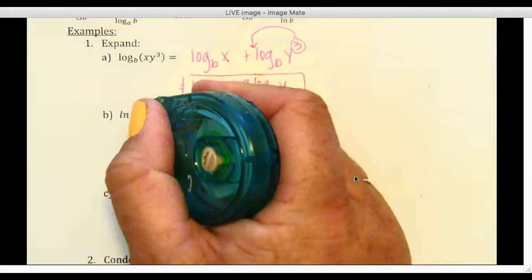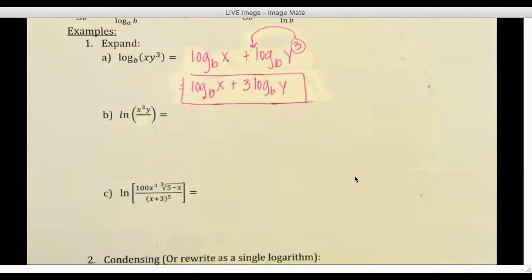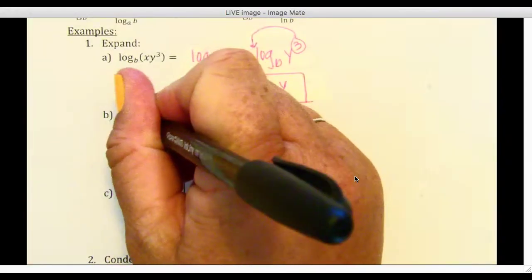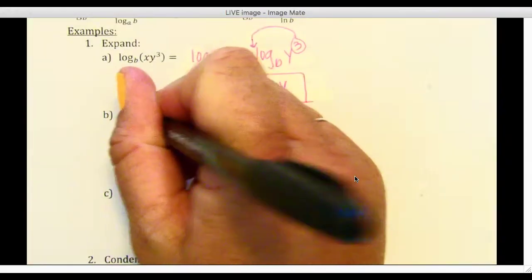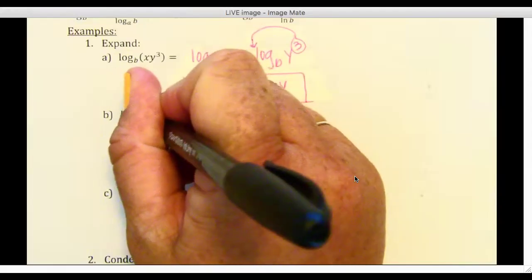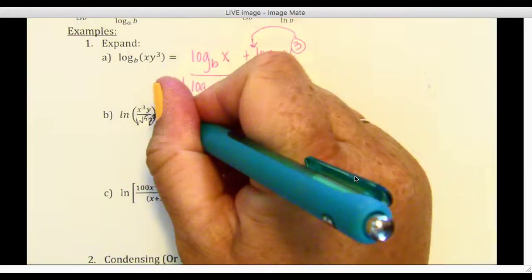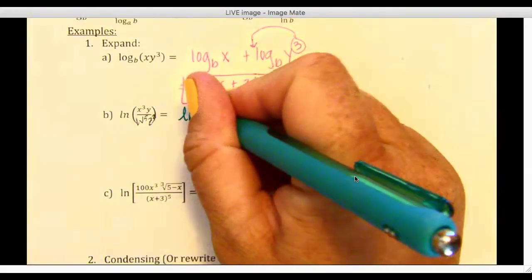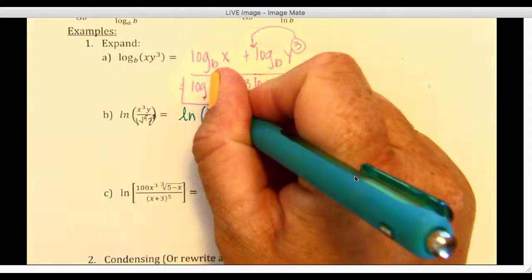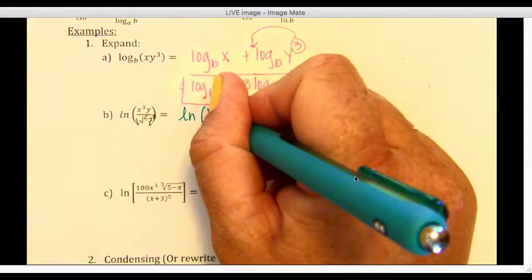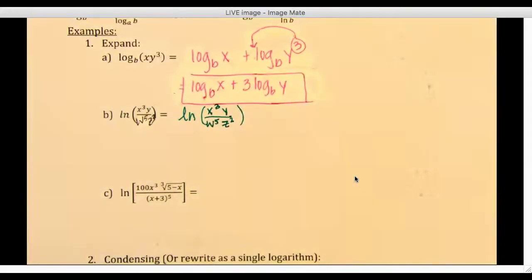Instead of just z squared, let's make it w to the 5th power and z squared, just so I can better display this. Let me write that out one more time, that way it's a little bit clearer. So I have x cubed y up top and w to the 5th and z squared on bottom.